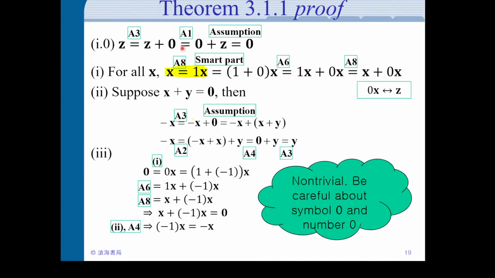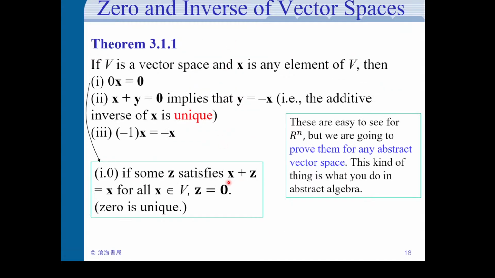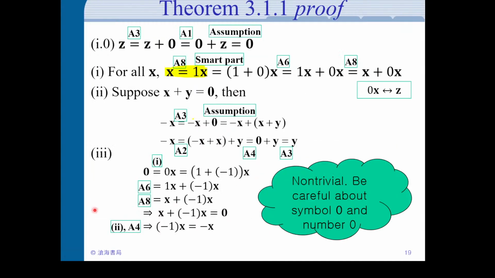So we have z plus 0 equal to 0 plus z. And then finally we can use our assumption: anything plus z equals that thing back. So now x is 0 here, so 0 vector plus z equals 0 vector. Now we string together this equality, and equality sign is transitive. So you have everything strung together with equality. This means z equals this 0.